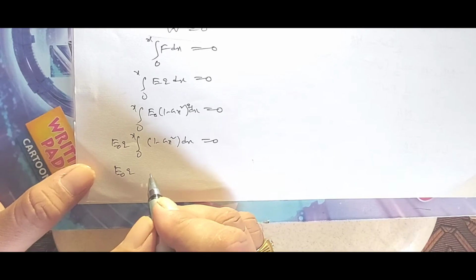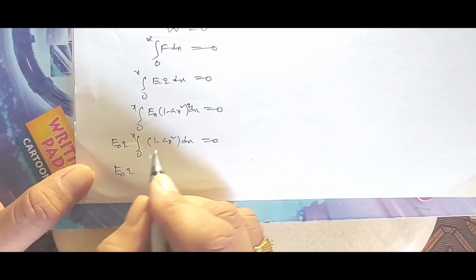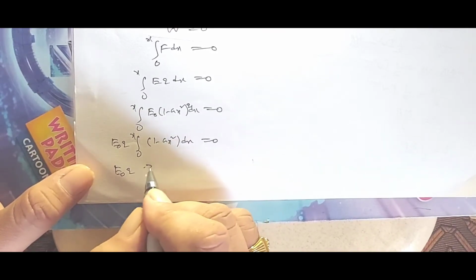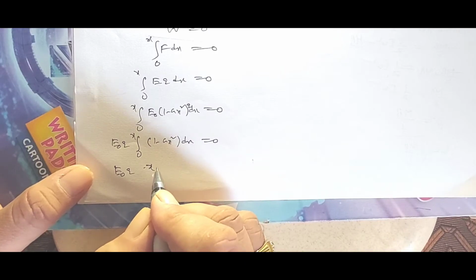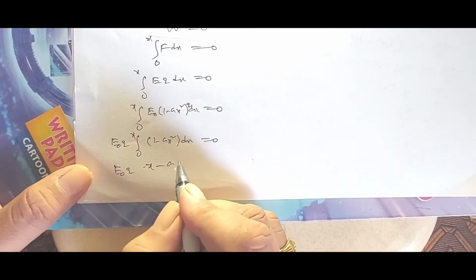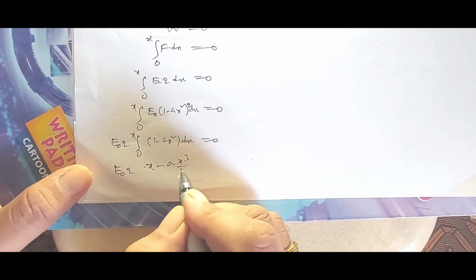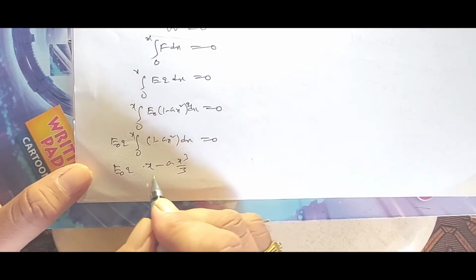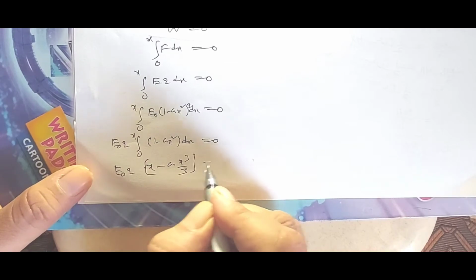On integrating, we get the integration of 1 dx, which is x, minus a into the integration of x square, which is x cube by 3, is equal to 0.